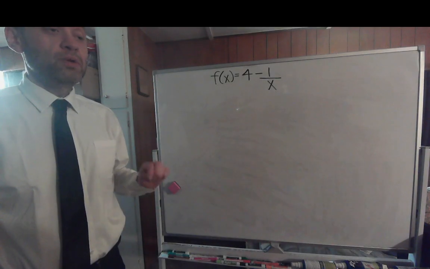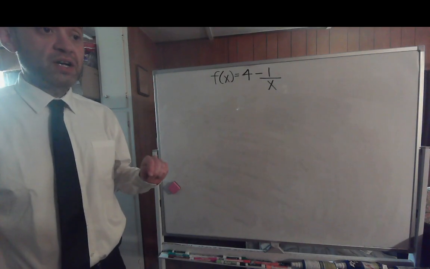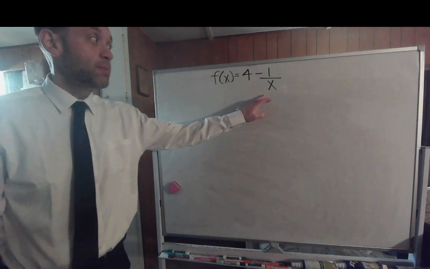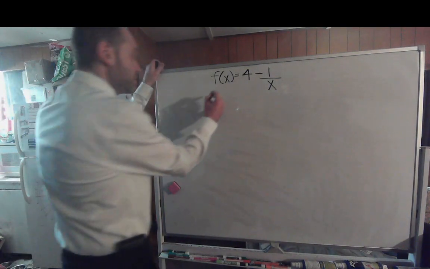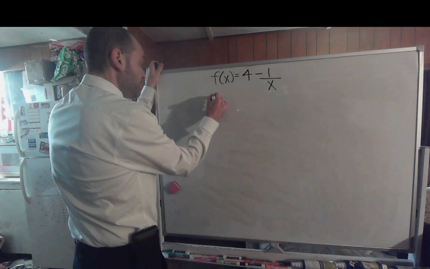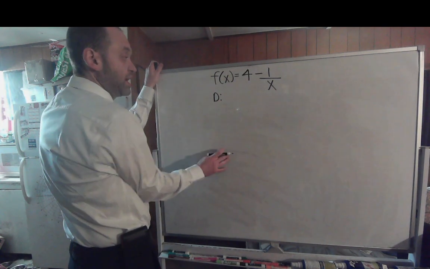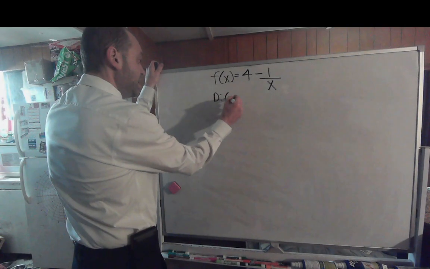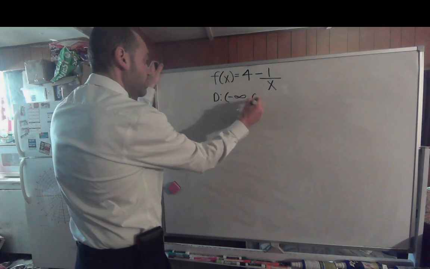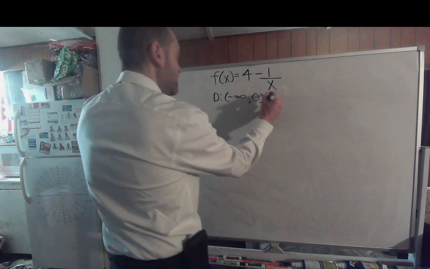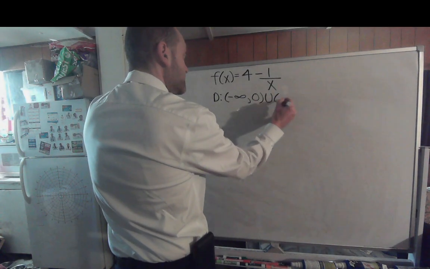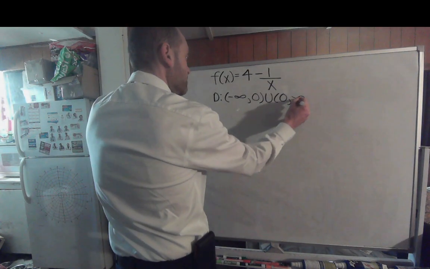What value would make this function undefined? What value of x? That would be when x equals 0, right? So your domain hasn't changed. That's going to end up being from negative infinity to 0 non-inclusive in union with 0 non-inclusive to infinity.